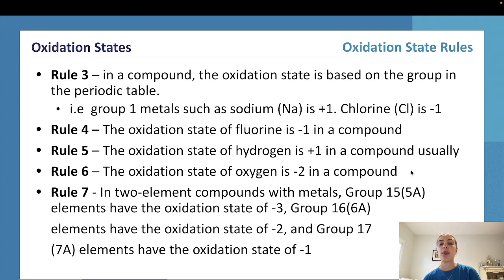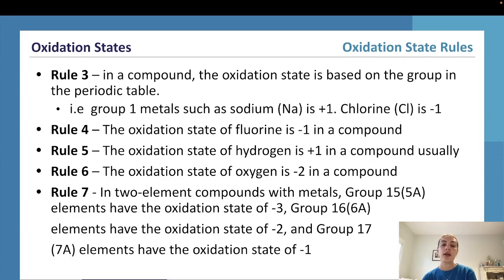So for example, combining rule 5 and rule 6, if we were to have water, which is H2O, the oxidation state of hydrogen, each one is going to be +1. And so because there's 2 of them, 2 times 1 is going to give us 2.